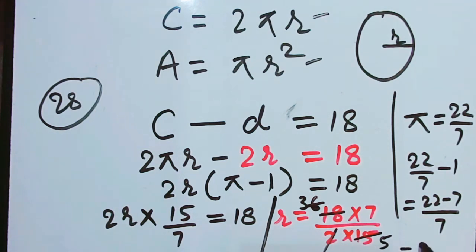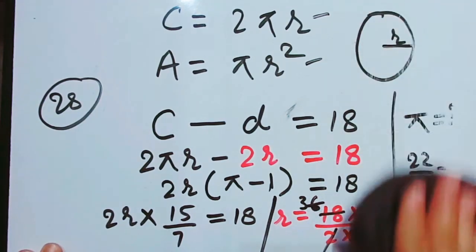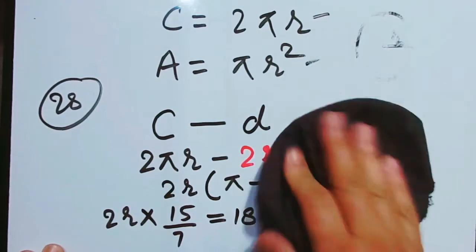You will get 21 by 5 as your radius. I hope you have understood this. 21 by 5 will give you 4.2 centimeter as the radius of the circle. If they want you to find the diameter, multiply it by 2 and you get the value of the diameter.